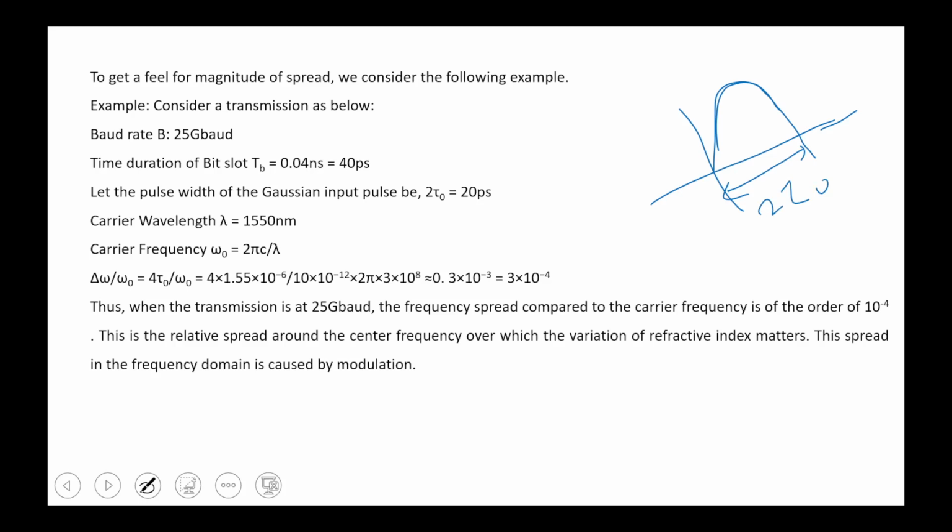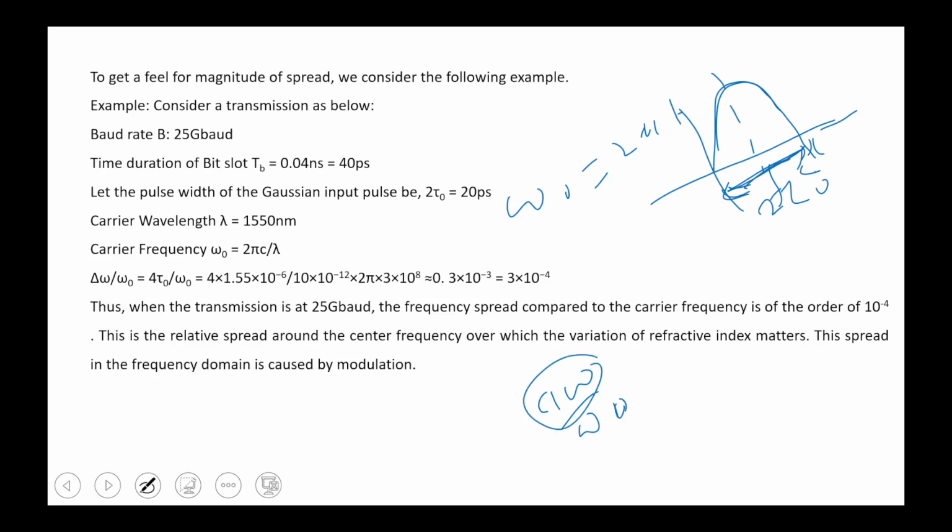The carrier wavelength of the laser is 1515 nanometers, and the carrier frequency is fc. We define omega naught as 2 pi f, so you can calculate omega naught. The actual width of the pulse is T naught, and the spreading happens at delta omega.